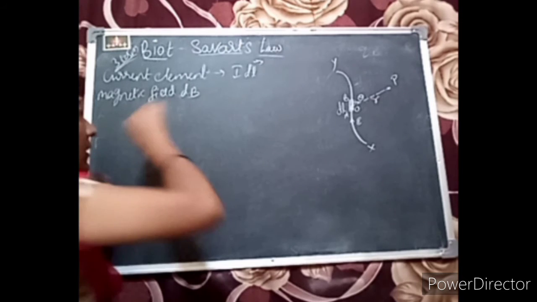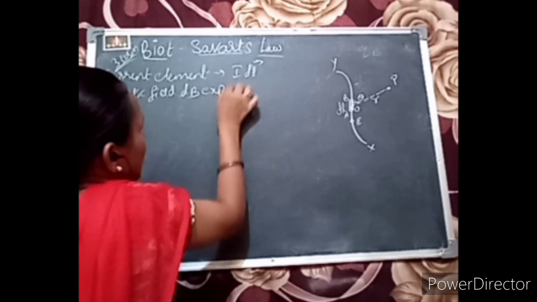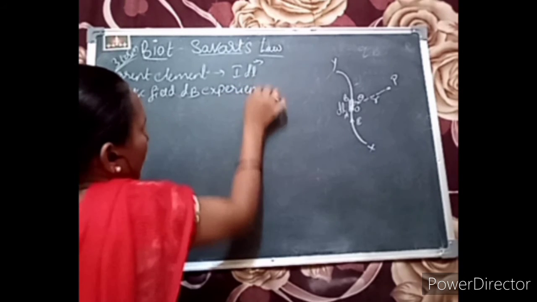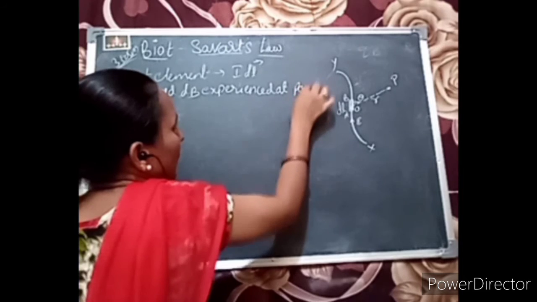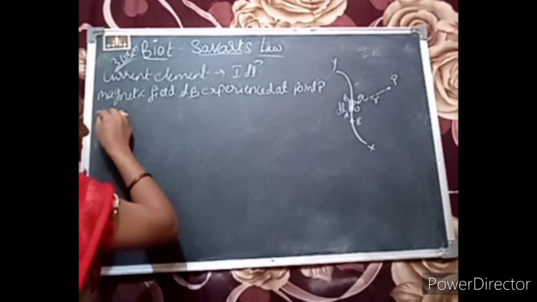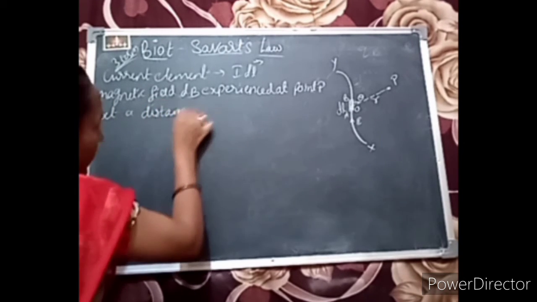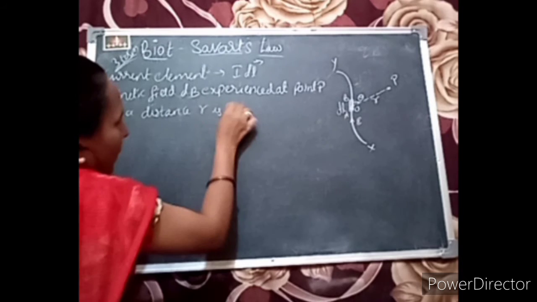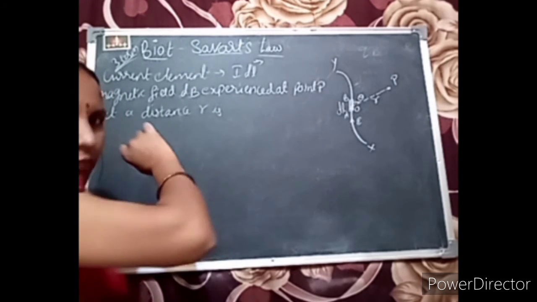Magnetic field dB experienced at point P at a distance r is given by, r is enough, okay.